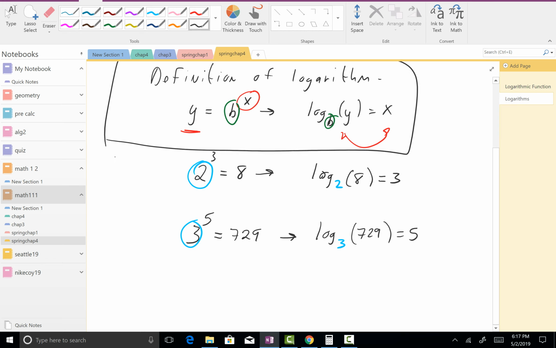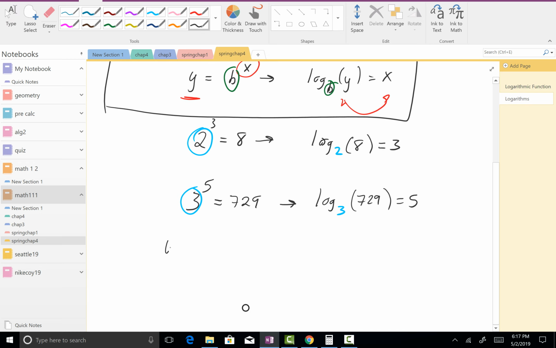Okay, so it's going to ask you to write logs as an exponential.